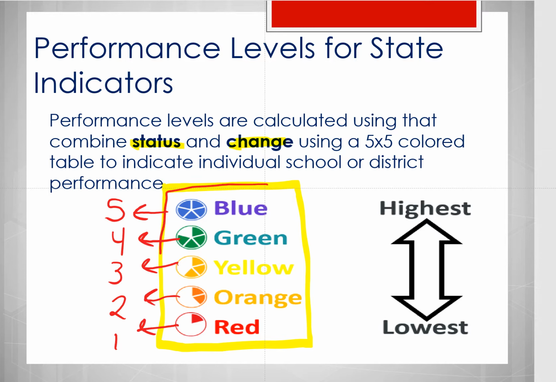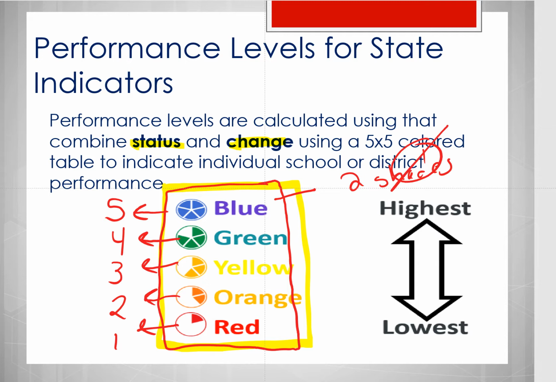This was designed so that if someone was colorblind, they could still tell the value of those shapes by how full each one is. You'll never see, for instance, a blue shape with only 2 sections shaded. So think 5, 4, 3, 2, 1.